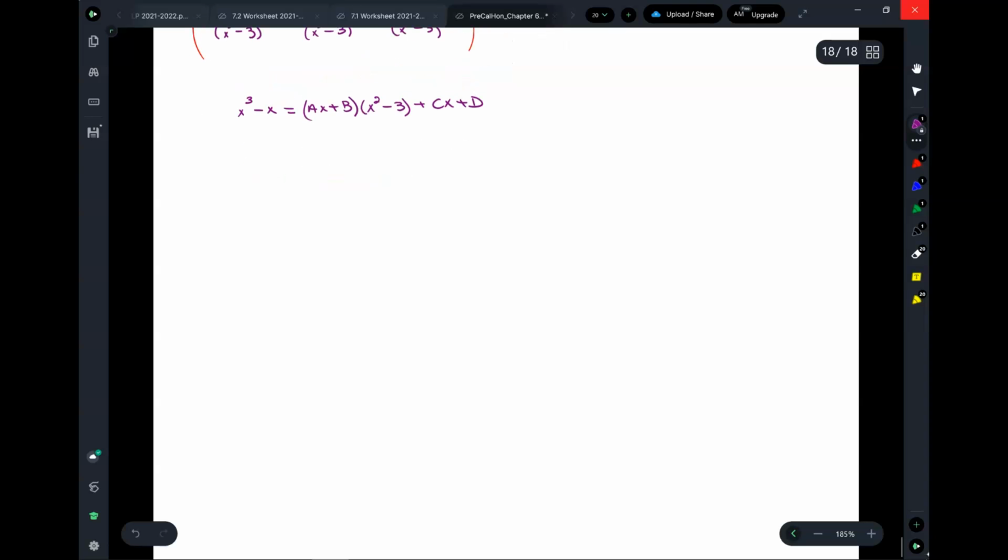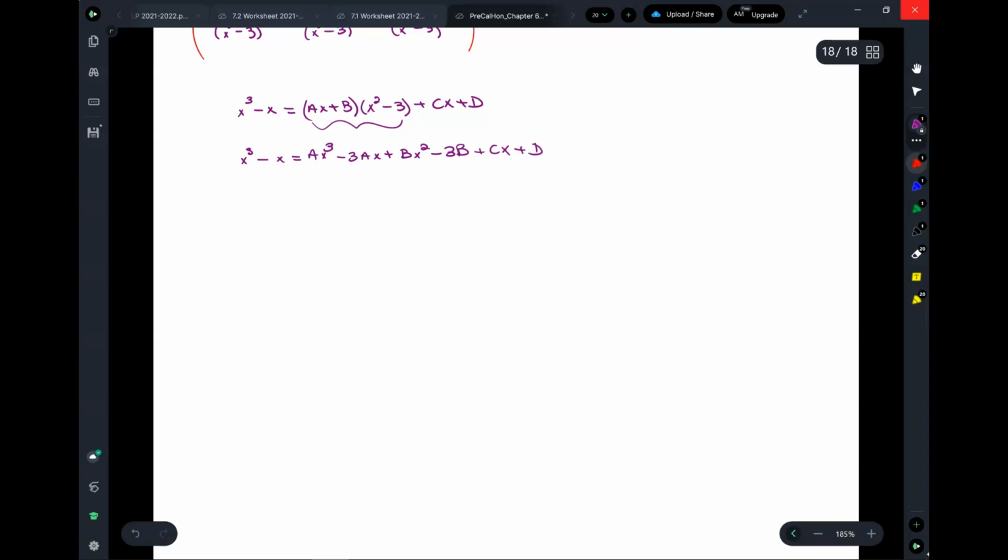Okay, so we're going to multiply these out. So this is ax cubed minus 3ax plus bx squared minus 3b, plus cx plus d.